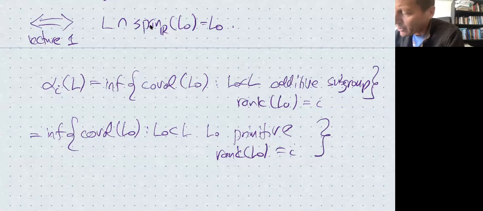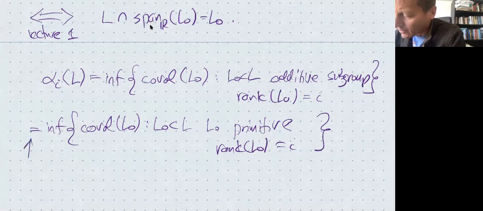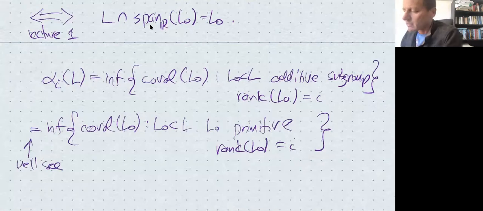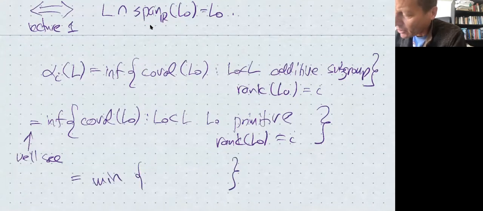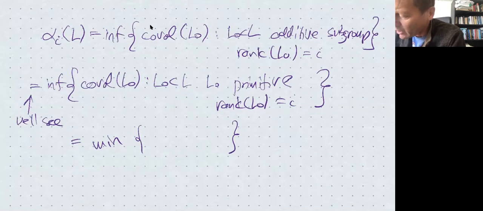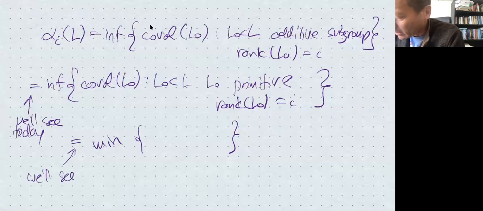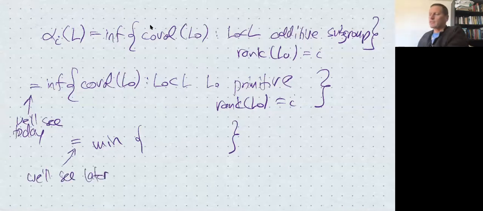So this is another definition of alpha_i of L. It's easy to see that it doesn't affect the infimum if you make this additional requirement. And also, it's actually a minimum. This infimum is actually achieved, and this is something that we'll see later in the course.